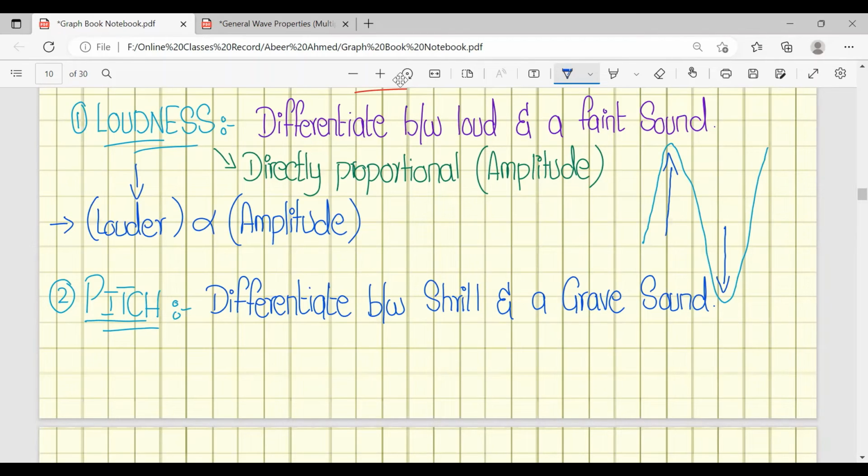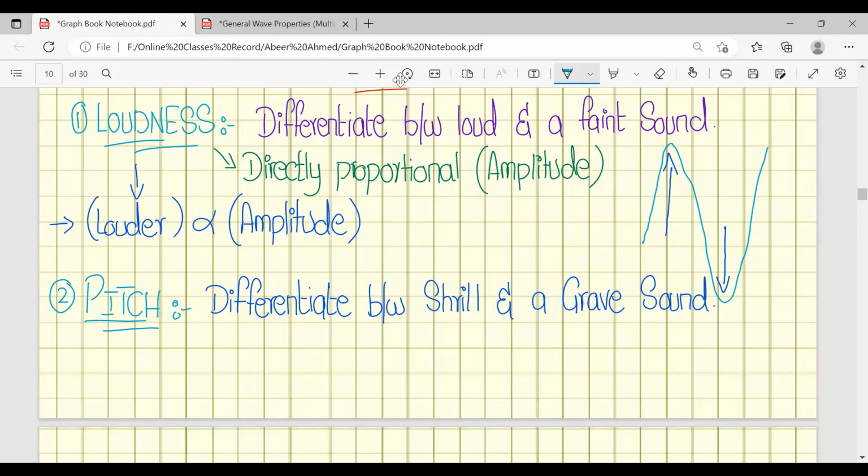And a man, a boy or an old person normally has a grave, heavy sound. So your voice is shrill and my voice is grave as compared to yours.